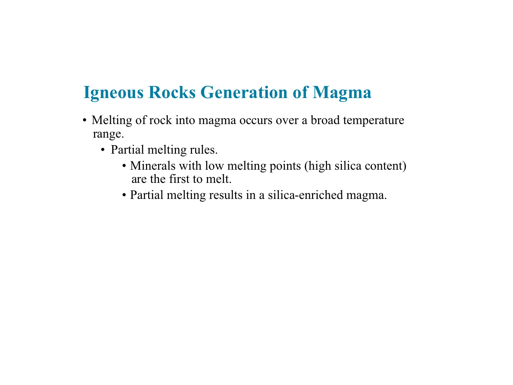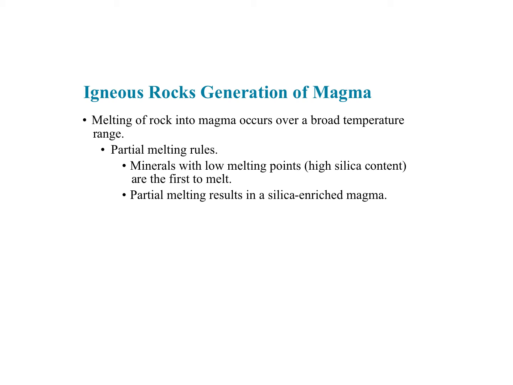Now the next point that we want to make is that the melting of a rock into magma occurs over a broad temperature range. And that's because the magma will melt in stages. So remember that a rock is a combination of different minerals. And so maybe some minerals will melt at a lower temperature than other minerals.